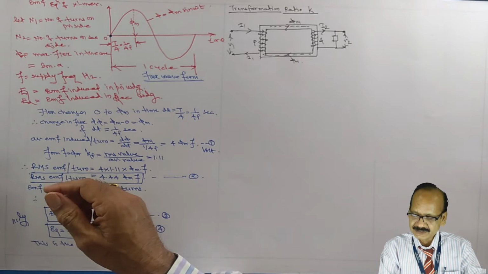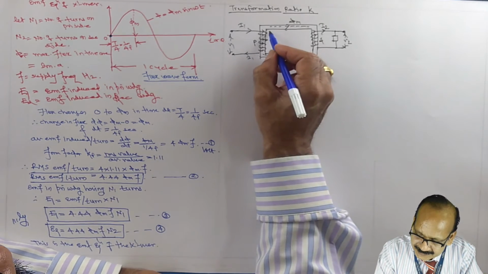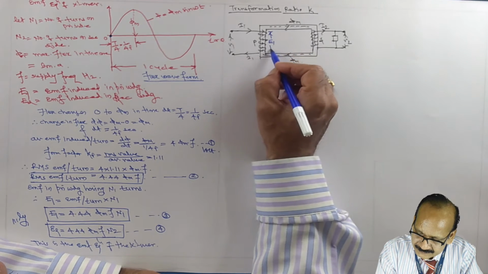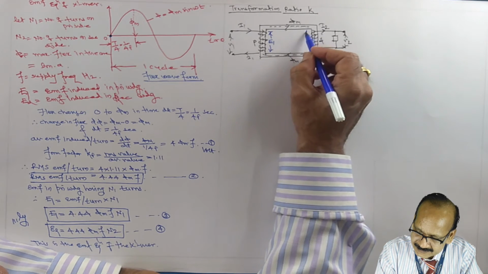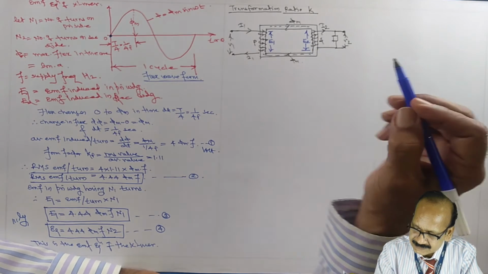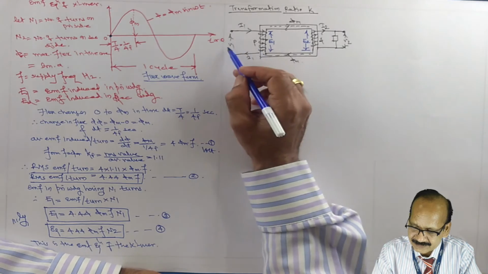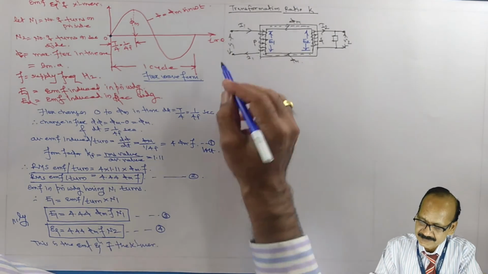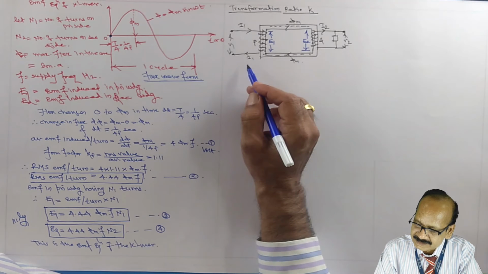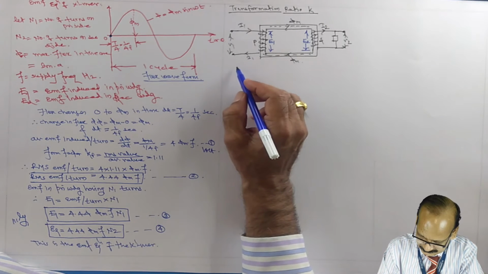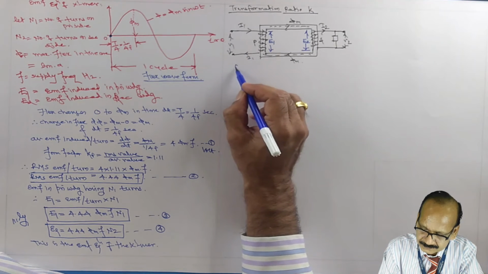Okay, so the EMF generated here in the primary winding is E1, and EMF generated in the secondary winding is E2. Just now we have seen, and V1 and V2 are the terminal voltages. Okay, and I1, I2 are the respective currents.